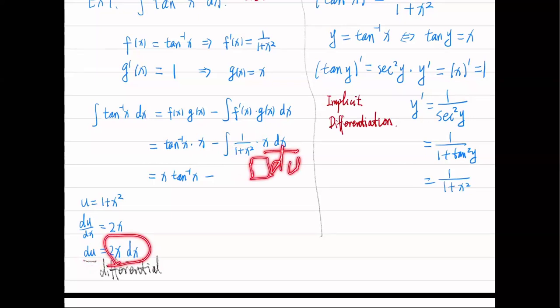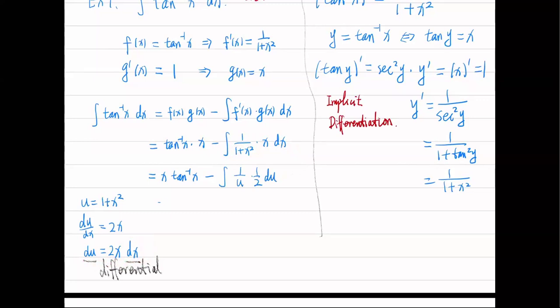If it's 2x dx, we will have du. But here we have only one x, so we have this 1/2. So with substitution, it will be 1 over u, 1/2 du. All right.